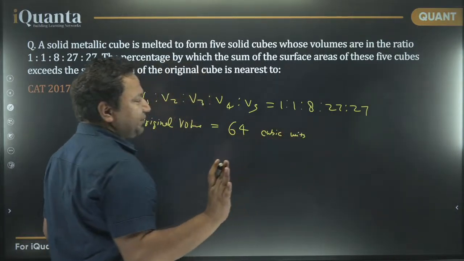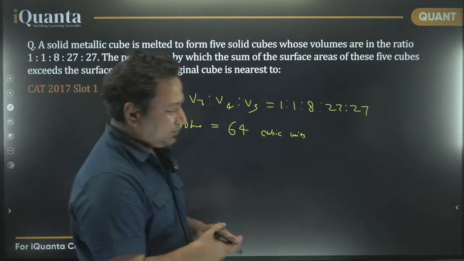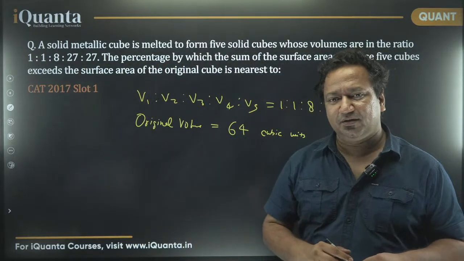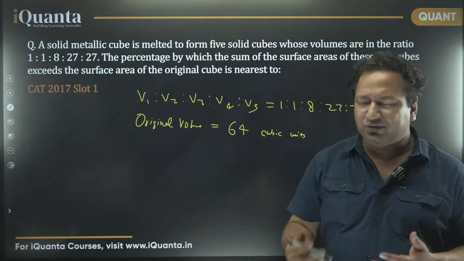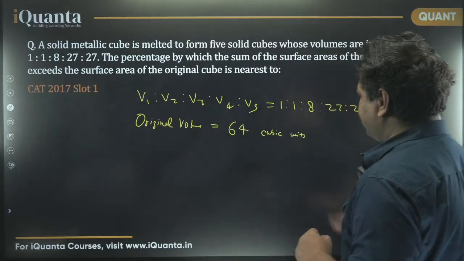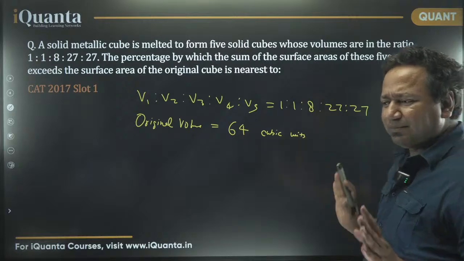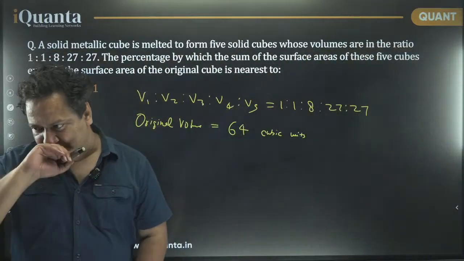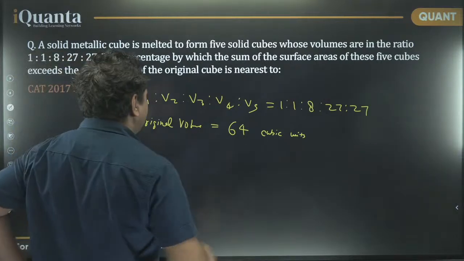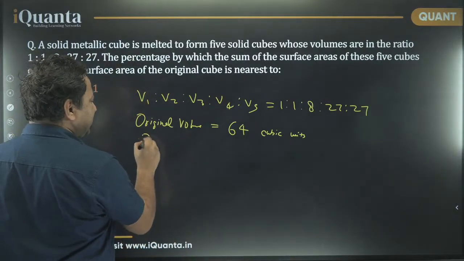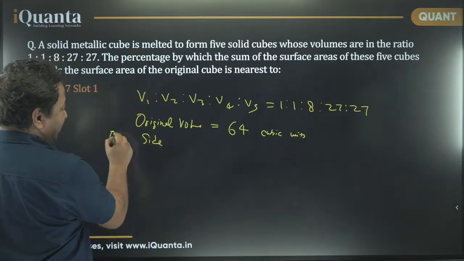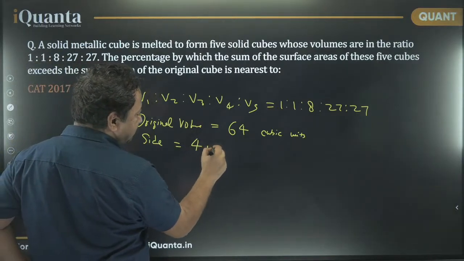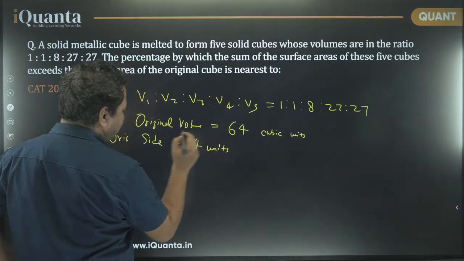I'm taking K in ratio form. See, some people take K as the constant of proportionality. I normally avoid it just to reduce my time. I can see it is 64 times something, a multiple of 64, isn't it? Okay. Originally, the original side will be 4 units, ain't it?